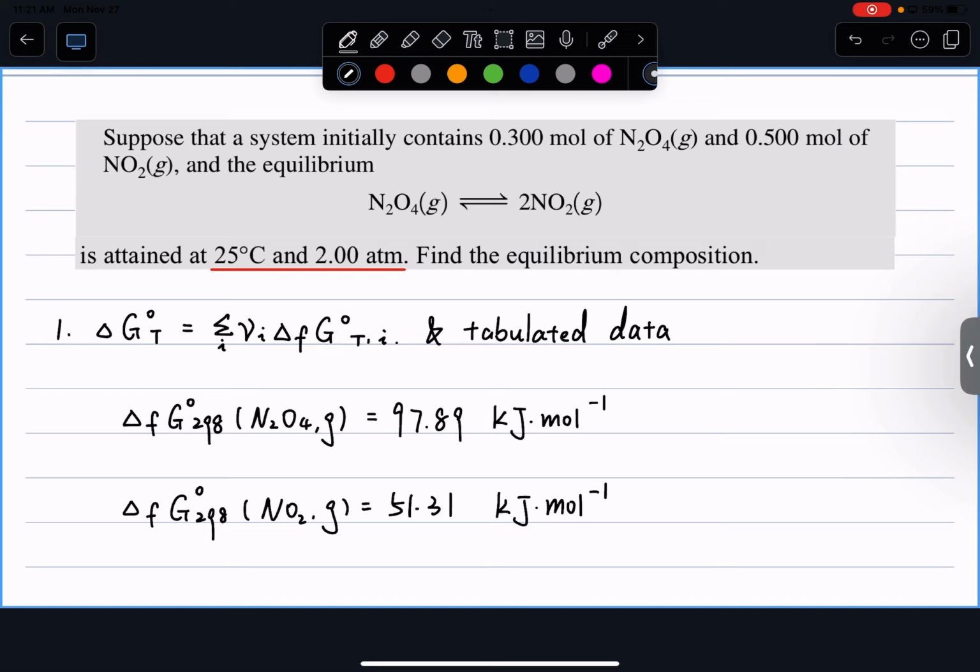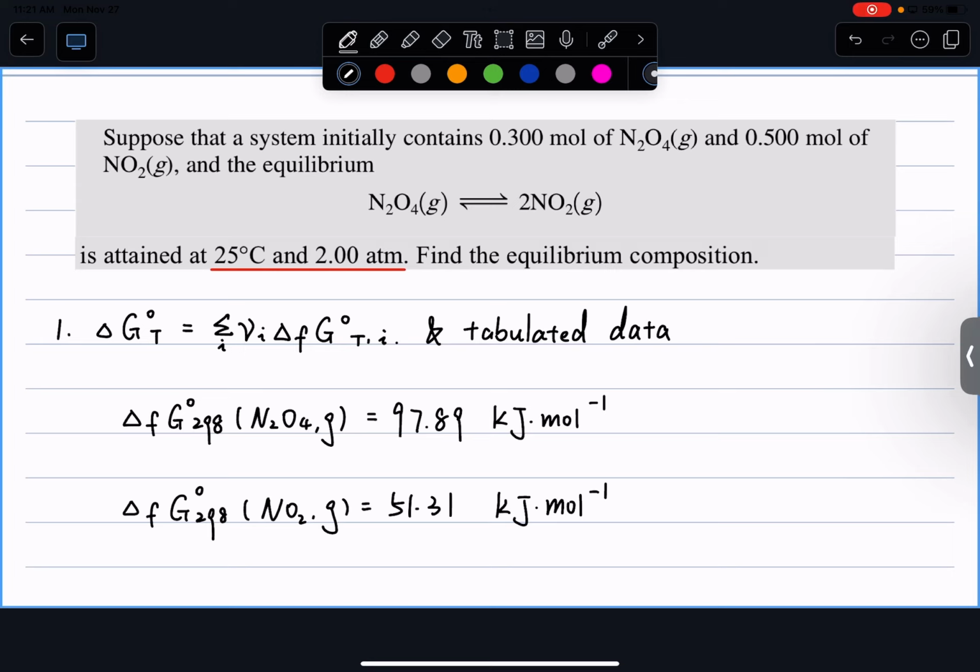Adding it together, we have 0.3 minus ξ and 0.5 plus 2ξ at equilibrium. And your N total at equilibrium equals this number plus this number, which gives you 0.8 plus the extent of reaction.